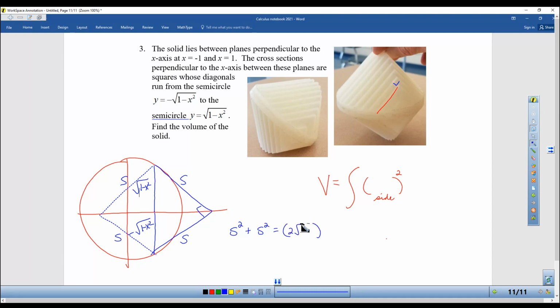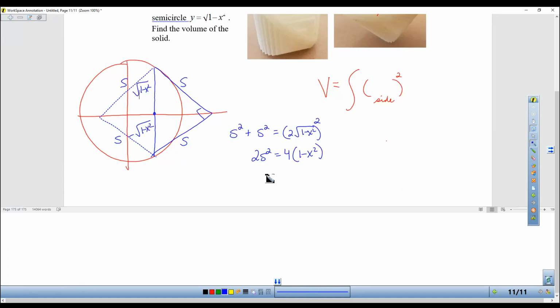And my hypotenuse is 2 square roots, right? If I add those two together, 2 square roots of 1 minus x squared, squared. So not 4. 2s squared, there's going to be 4 on the other side. Already thinking ahead. 2s squared is 4 times 1 minus x squared. The 2 actually gets squared. The square of a square root just brings it back to where it was, which is going to give me s squared is equal to 2 times 1 minus x squared.